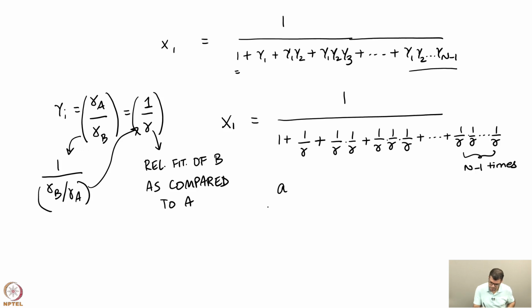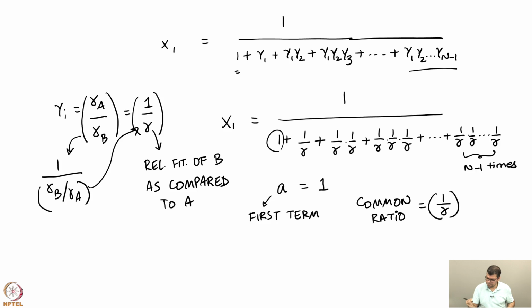The first term of the geometric progression in our case is just 1, and the common ratio between successive terms is simply equal to 1 upon R. So, this summation, applying the formula of geometric progression, and there are in this entire series a total of n terms.